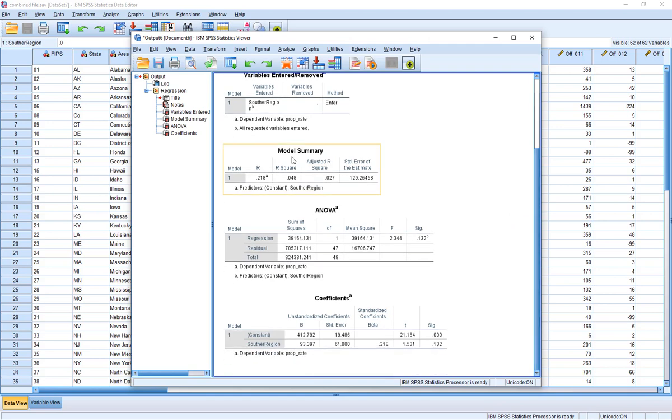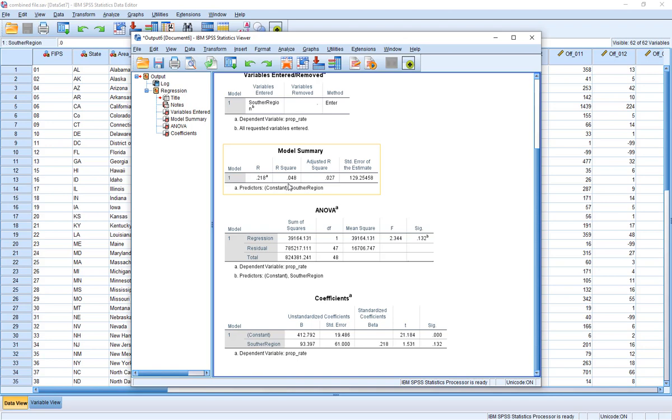Now, here you can see the setup is the same. We come down here and you can see right away our R squared is much smaller. Before we had an R squared of about 24%. Now you can see our R squared is less than 0.048. If we wanted to transform that to a percentage, we'd say it's about 4.8%.